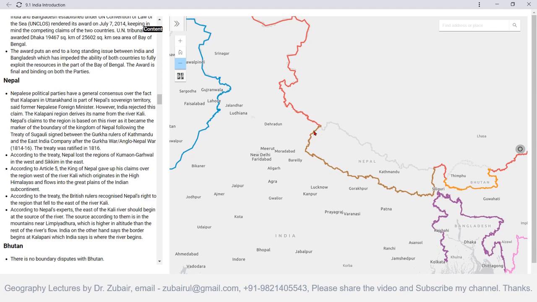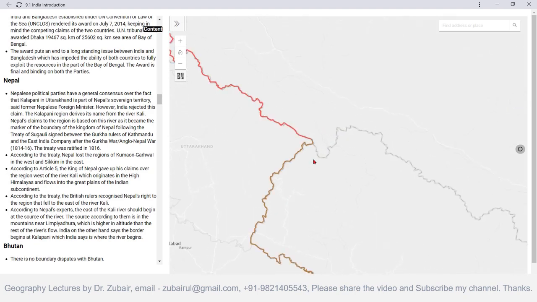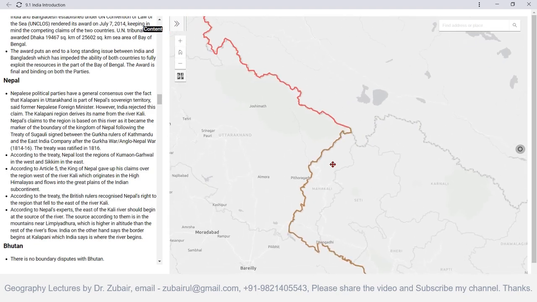On the basis of this is the present border. What Nepal claims is that this is the origin of the Kali River, but this claim has been rejected by the government of India.